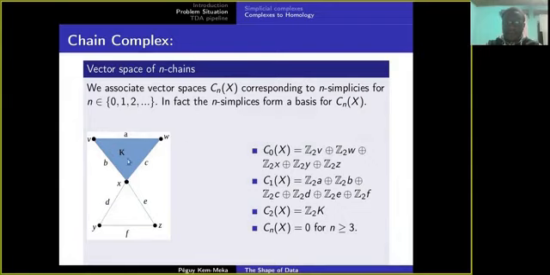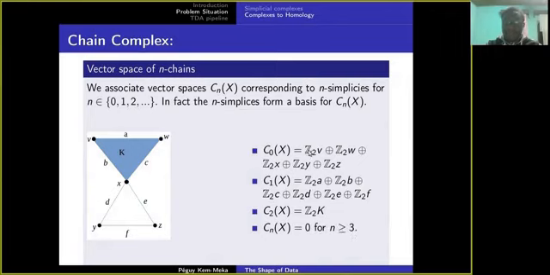Here I have only one 2-simplex K. That's why C2 of X is Z2 of K. Since I don't have any high dimensional simplices, Cn of X will be 0 when n is greater or equal to 3.